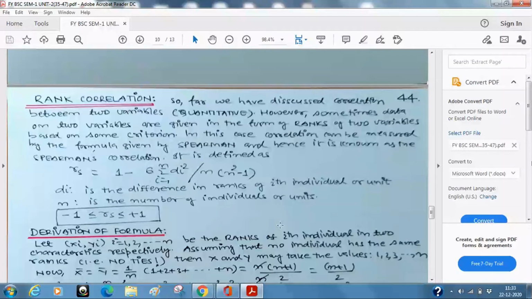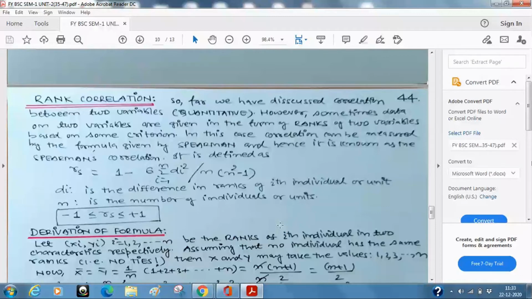So this formula is very important, with the remark that Spearman rank correlation calculation can be done only in case there is no tie in the data. This is very important. Obviously one question will come to your mind: how can you say in real life that there will be no tie in the data?